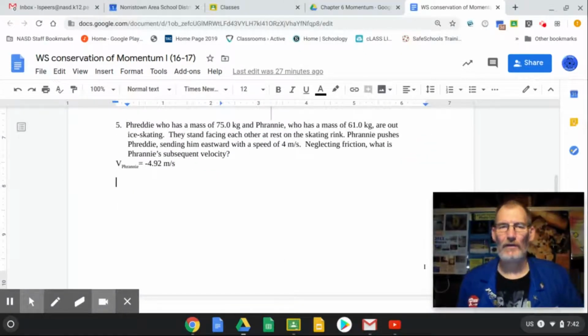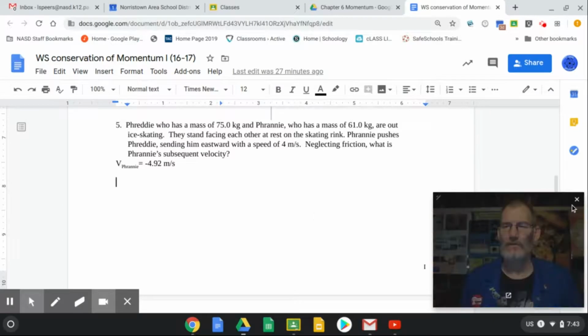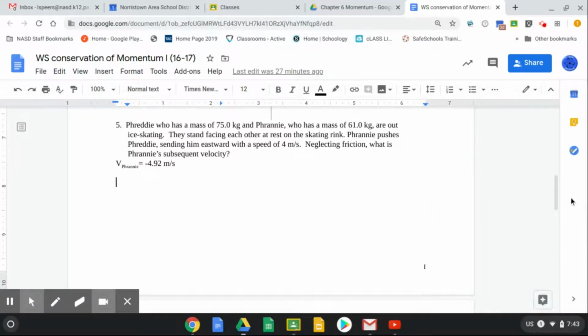Okay, so let's take a look at problems 5, 6, and 7, which are all going to be conservation of momentum problems. All right, let's take a quick look at those. Like I said, they're all going to be conservation of momentum problems. So our conservation of momentum formula: the initial momentum of a system is going to equal the final momentum of a system.